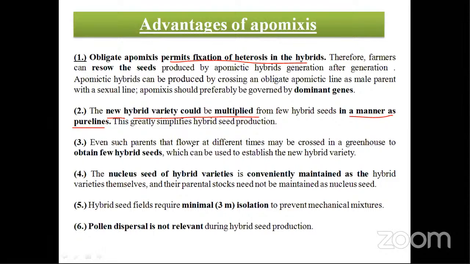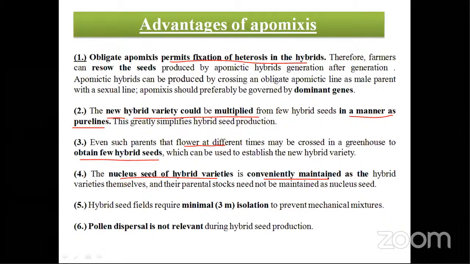Then here if the parents have different flowering times also, you can grow them to obtain very few hybrid seeds. Further you can just perpetuate those few hybrid seeds in an apomictic manner, because sexual hybridization is not involved, so no need to wait for the particular flowering time or season. Okay. And the nucleus seed of the hybrid varieties can be conveniently maintained.